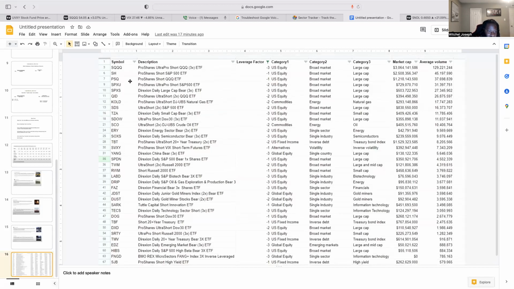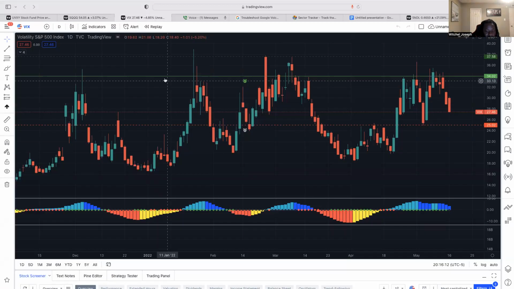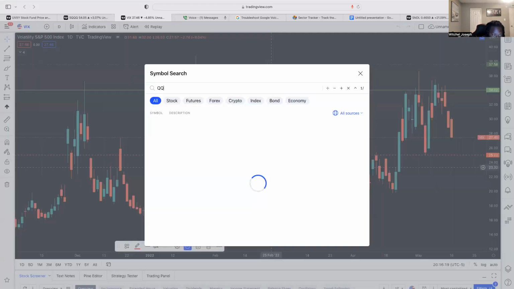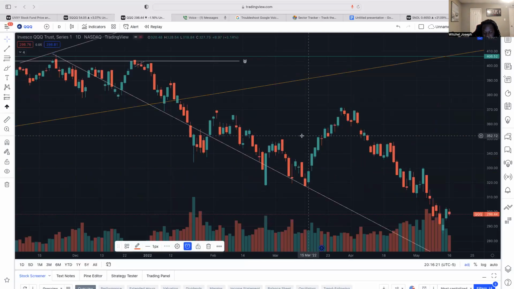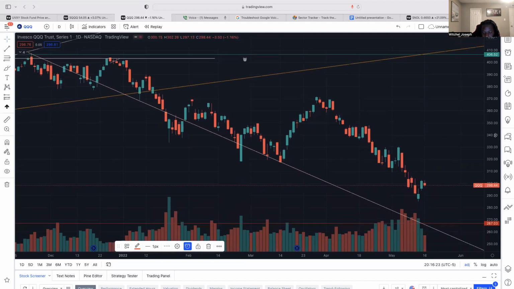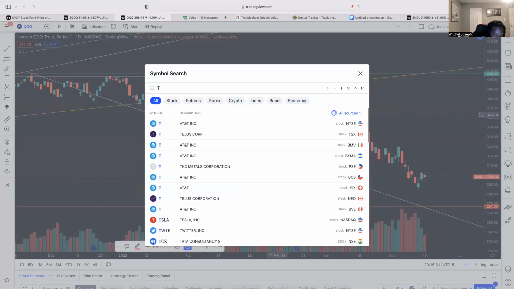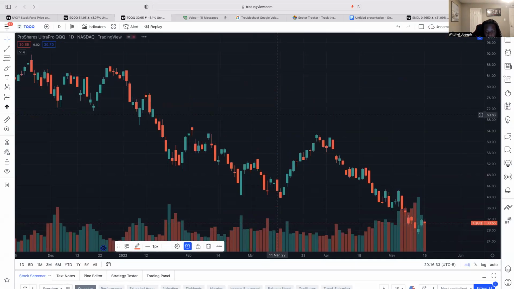Now let's say the market is going up, because we gotta play both ways. We don't know what the market's really going to do, anything's possible right now. So here's the QQQ, and it's going down. Now, let's say the QQQ starts going up and you want leverage on it. You can play TQQQ.